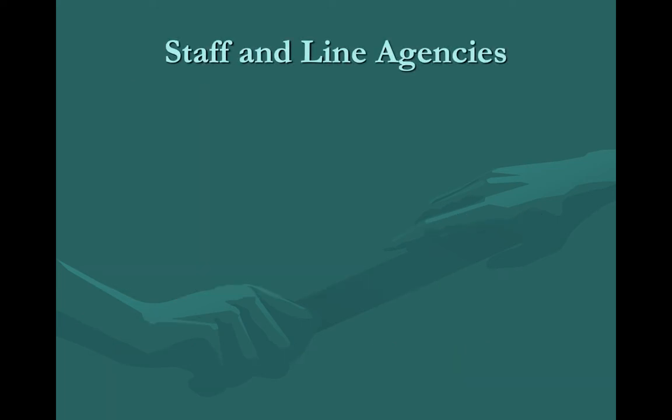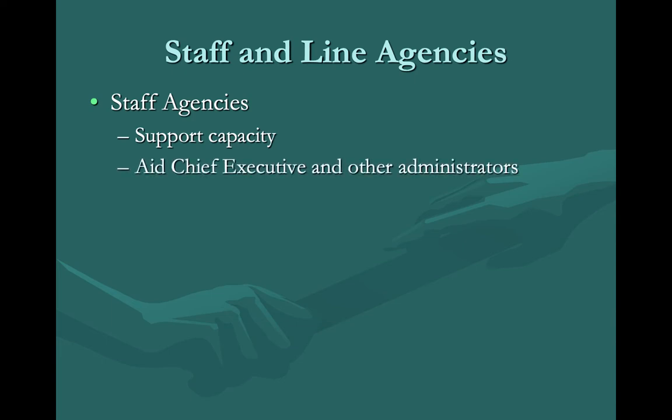Lastly, when we look at the structure of the executive branch bureaucracy, agencies and workers can be divided into two groups. The first is what we call staff agencies. These are agencies and workers who exist to serve in a support capacity and whose job is to aid the president and the other members of the administration with doing their job.